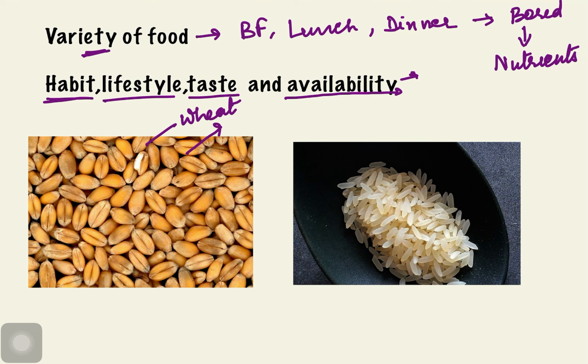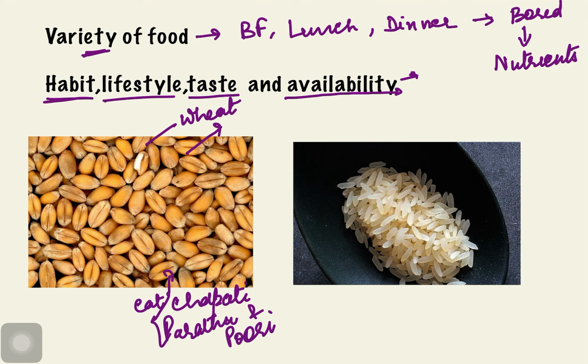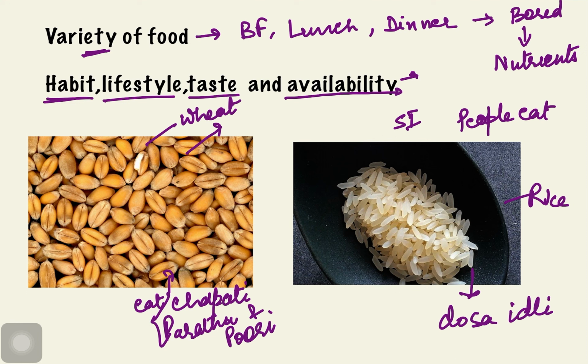So people here in North India eat chapati, paratha and puri more, which all three are made from wheat. Instead of that, in South India people eat rice more in the form of dosa, idli and in other things in which they use rice.